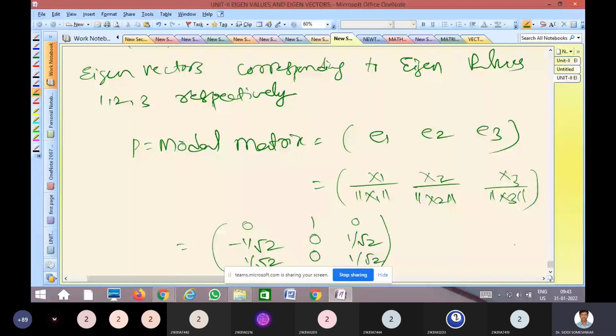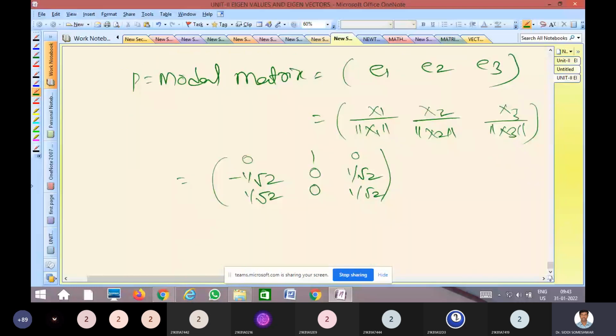Now this P is an orthogonal matrix, therefore P inverse becomes P transpose.